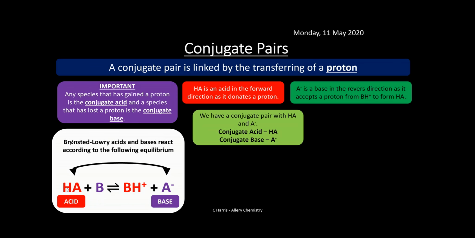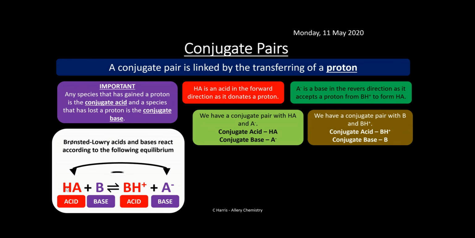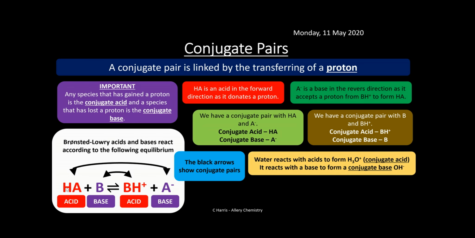But these are paired up. And likewise, we also have a conjugate pairing with B and BH plus, where our conjugate acid is BH plus because it's donating the proton to the A minus, and the conjugate base is B because going in the forwards direction, B is accepting a proton to form your BH plus. Okay, and our black arrows on that diagram show our conjugate pair.